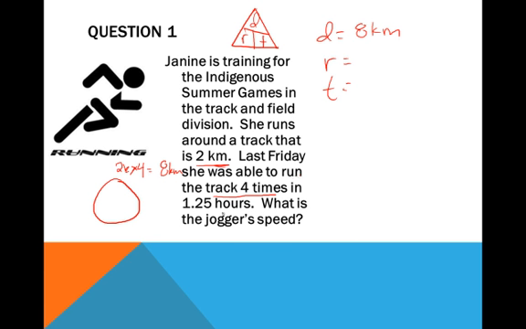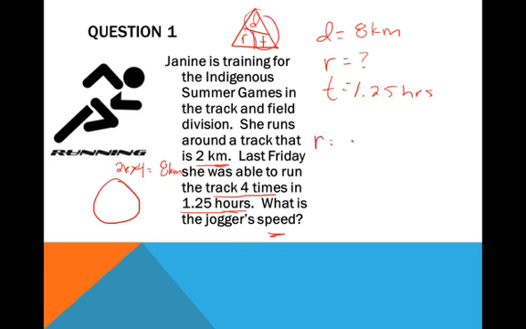Okay, and we know that she runs this in 2.5 hours. Since we're talking about hours, we know that's time. And we are asked to find the speed, or the rate. So we're going to plug that in here. We're trying to find rate, and we have distance and time.